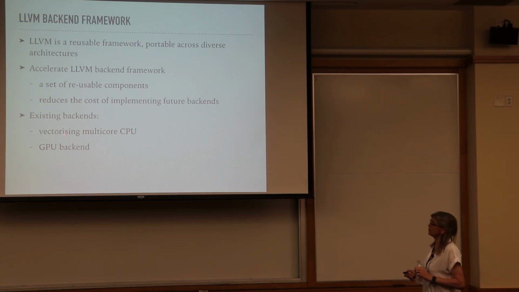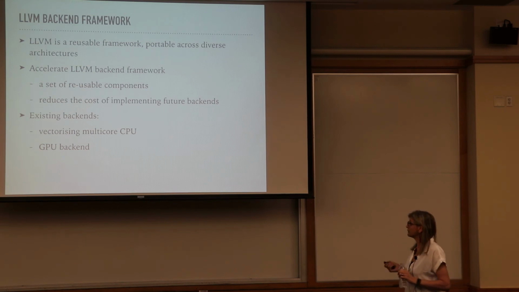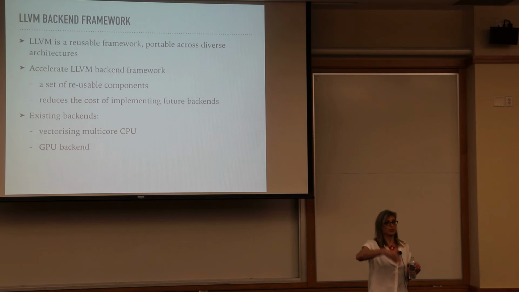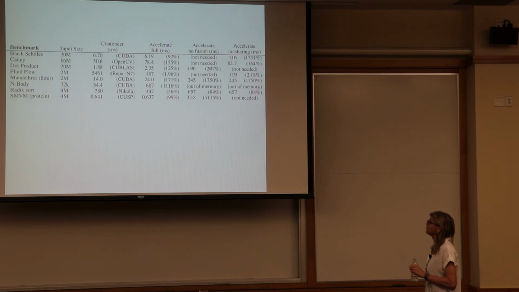I mentioned that a few times before, we have two backends at the moment, apart from the interpreter. One is the vectorized multi-core CPU backend, and the other is the GPU backend. At a later stage, GPU code is quite different from multi-core CPU code. For multi-core CPUs, we have to chop up the arrays and schedule them to different cores.